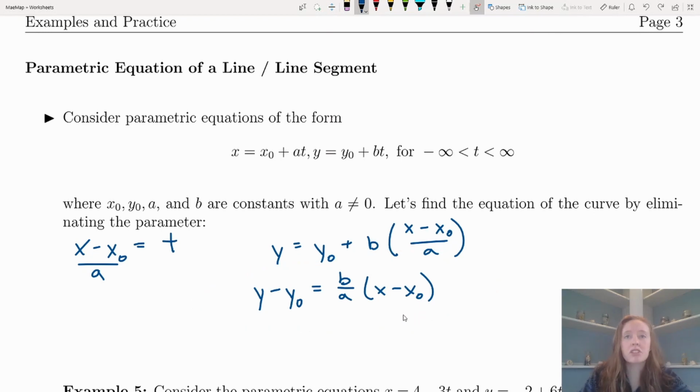That's point-slope form: y minus y naught equals m times x minus x naught. So my slope is b over a, and my point is x naught, y naught. So I have a point and a slope, and I can easily create a line.